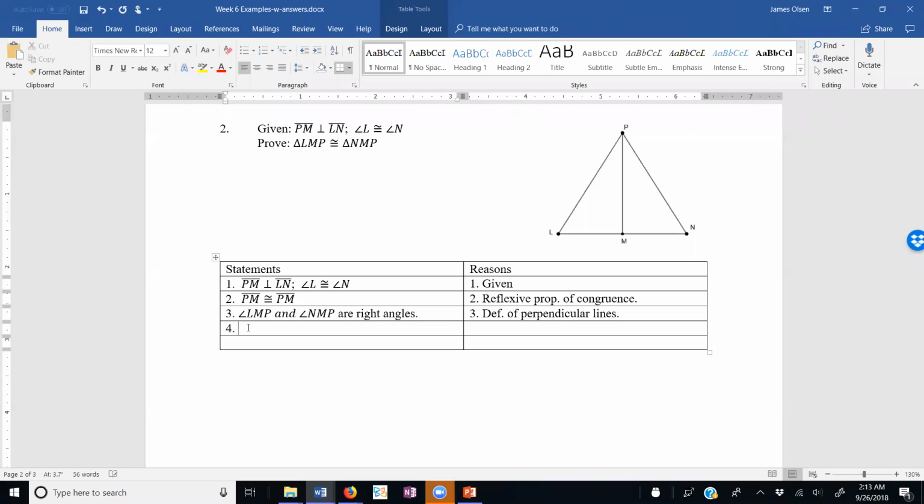Now that they're right angles, we can state that they're congruent using the theorem that all right angles are congruent. So we have angle LMP is congruent to angle NMP because all right angles are congruent. And now I have enough information to make our conclusion.